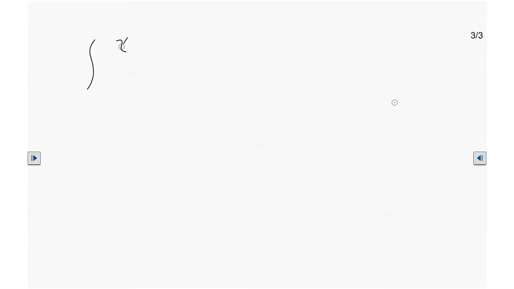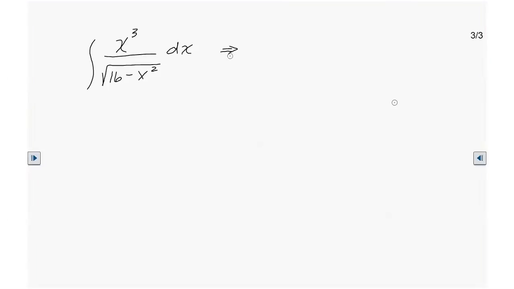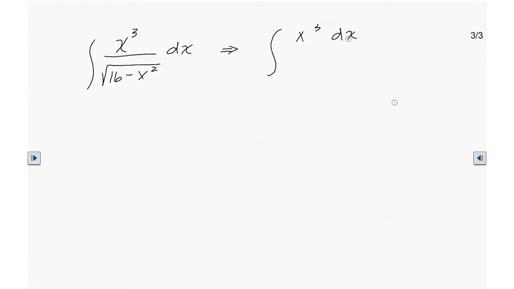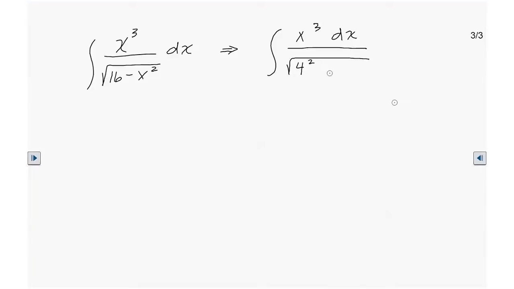X cubed over the square root of 16 minus x squared dx. All right, the first thing you want to do is say, okay, what do I have? Well, you've got x cubed dx over the square root of 4 squared minus x squared.